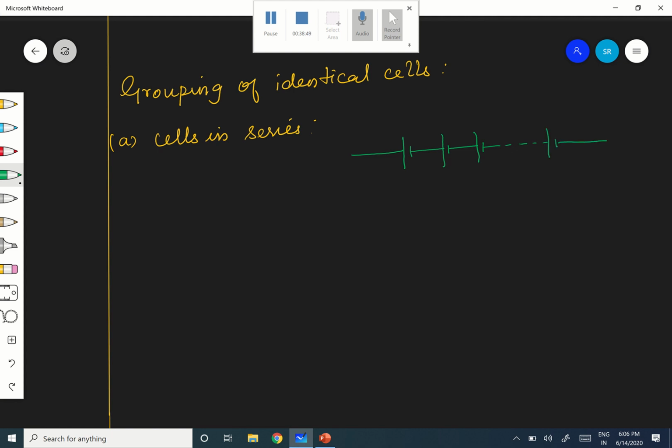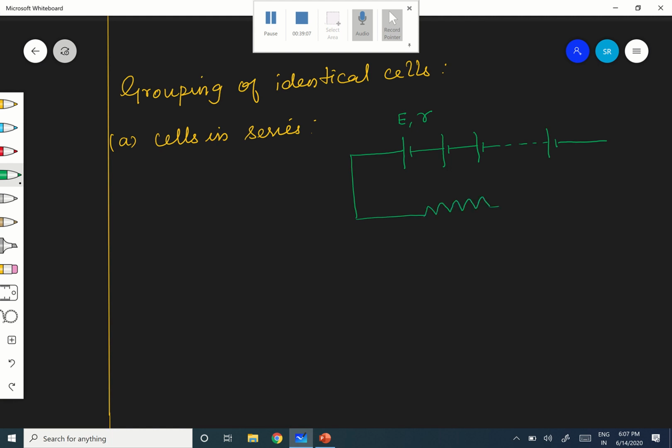All are identical cells means all have an EMF E and internal resistance r. This is connected to an external resistance R.